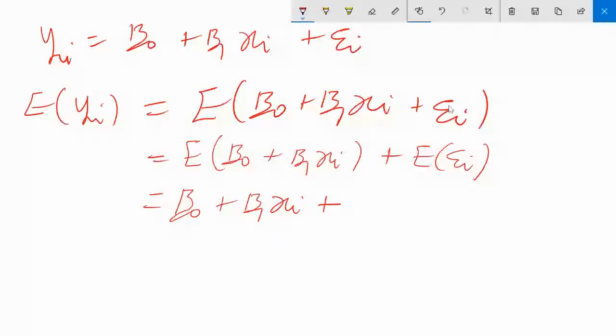We know that the error terms are normally distributed with a mean of 0 and a constant variance. So this mean is 0. And then now we have this. So the expected value of y is nothing but beta 0 plus beta 1 xi. Is this clear?